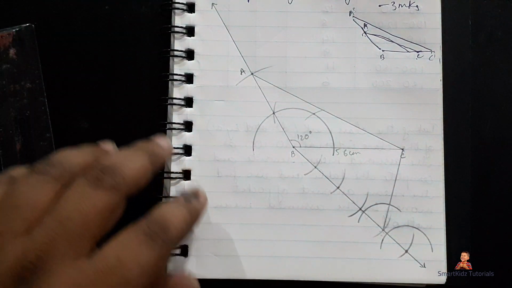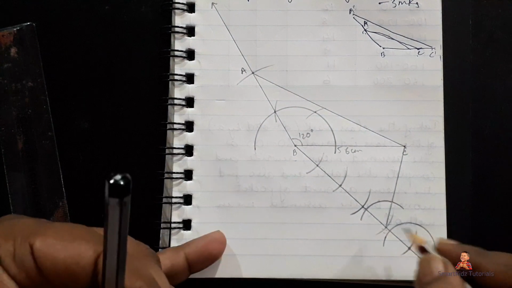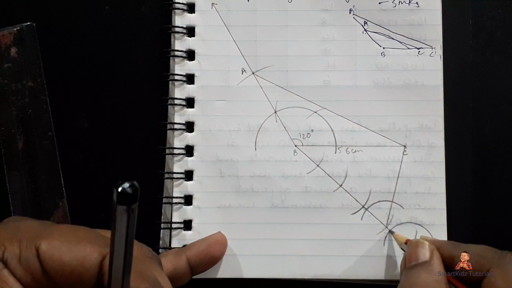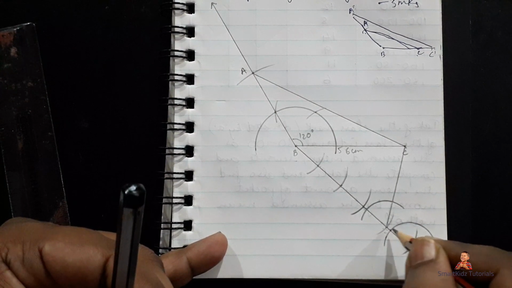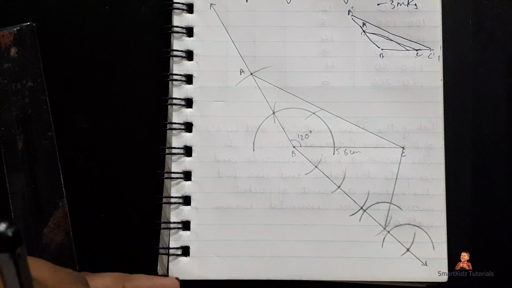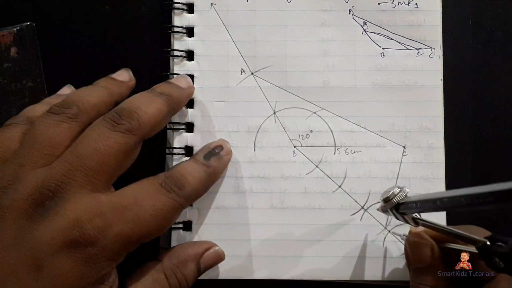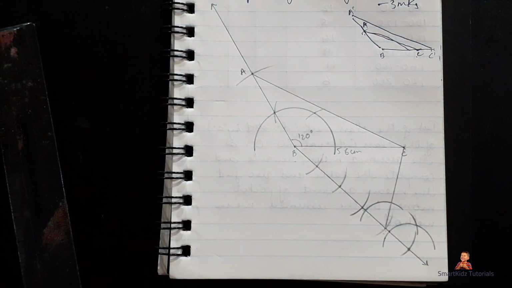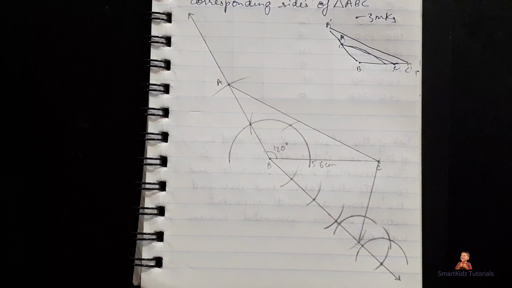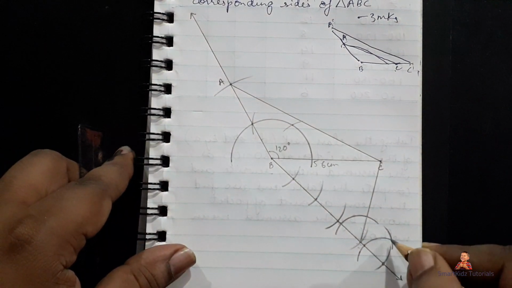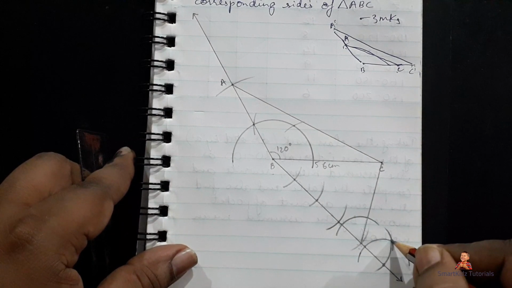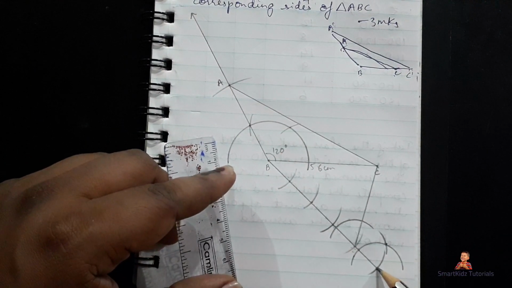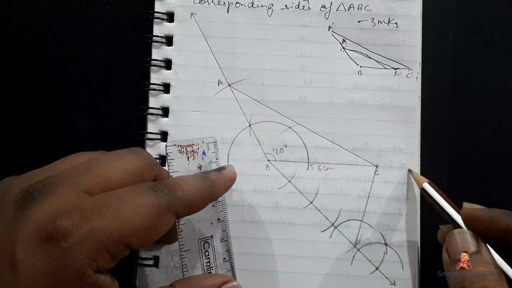Now using this measurement, I'm going to keep the pointer at this particular point where this arc is cutting this line, and this will be our center, and I'm going to draw an arc which is going to cut this line this way. Okay, so now we have cut the two arcs, we mark the point, and now we need to draw a line from this point, passing through this point, reaching over here, touching this.